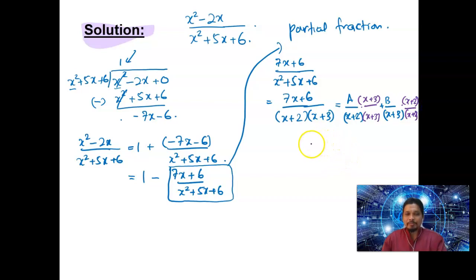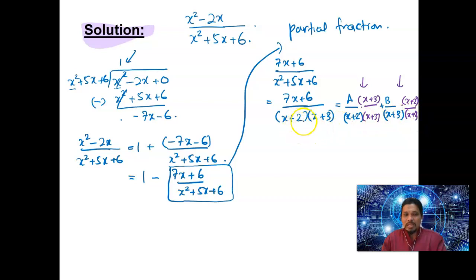Now the denominator of this fraction is x plus 2 multiplied with x plus 3. The denominator of this is also x plus 2 multiplied with x plus 3, and the denominator of this fraction is x plus 3 multiplied with x plus 2.